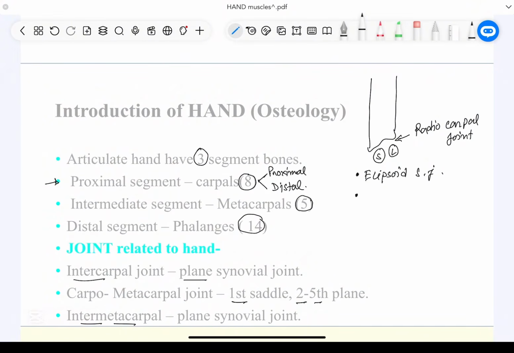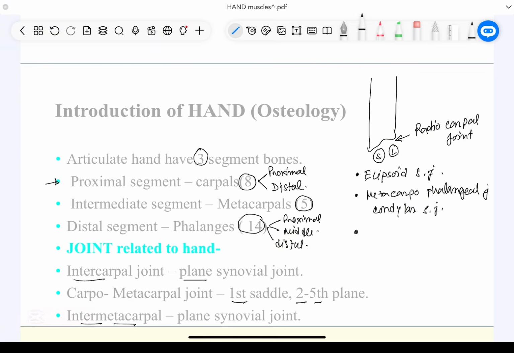Then metacarpal will be attached with the phalanges. It is called metacarpophalangeal joint. Metacarpophalangeal joints are condylar variety of synovial joint. Then in between phalanges, we know each finger has 3 phalanges: proximal, then middle or intermediate, and distal.